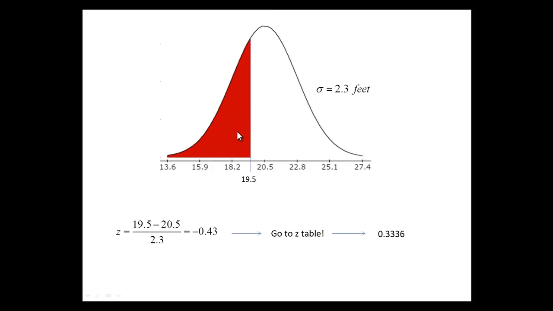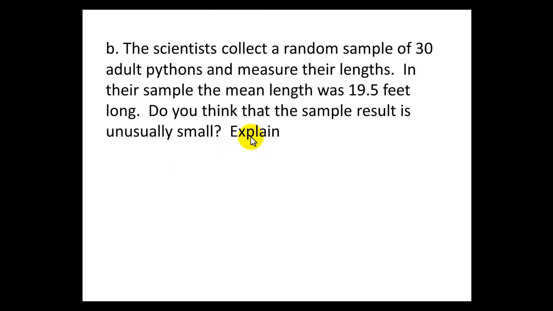Now the area is synonymous with probability. So that means there's a 33% chance that a randomly selected python will be less than 19.5 feet long. So we could further simplify that and say 1 in 3 pythons will be less than 19.5 feet long. So again, that's what we did in our last lesson. Let's look at part B and see how things are going to change when we work with sampling distributions.